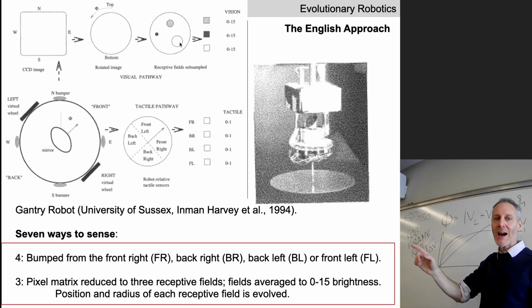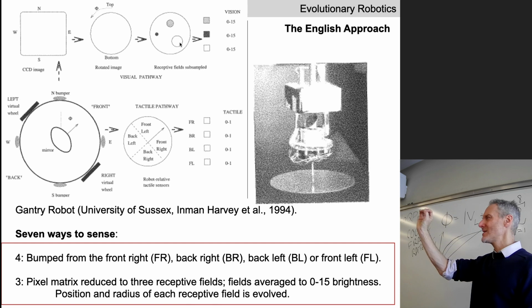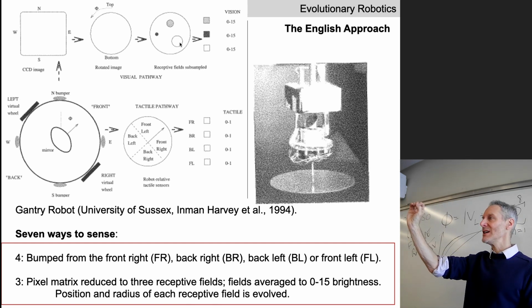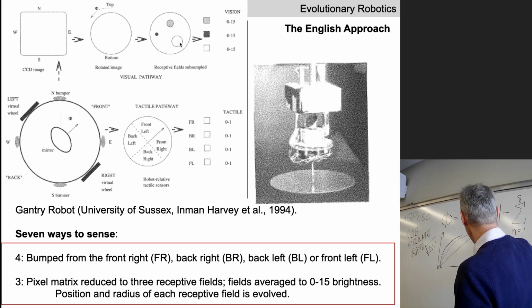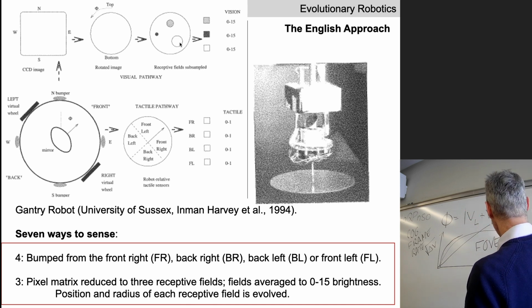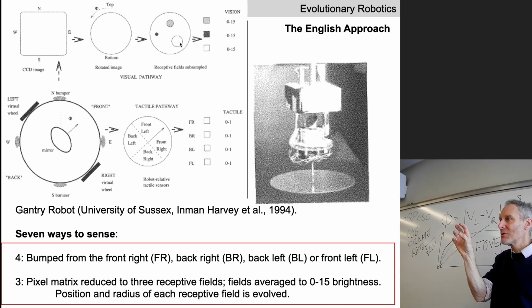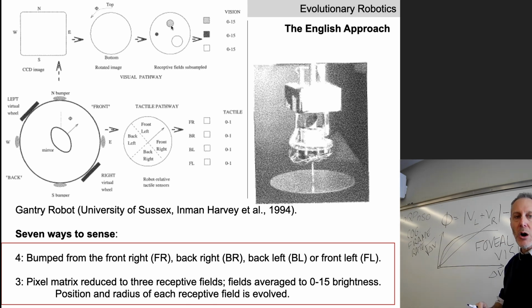You're bouncing around, and at any one point in time, you're only seeing a resolved picture of about this size in front of you. That's foveal vision. You've got a fovea at the back of your eye that can resolve a very small piece of your overall visual field.